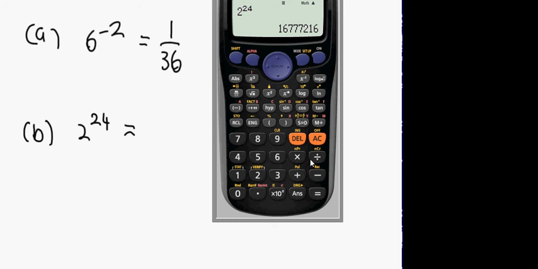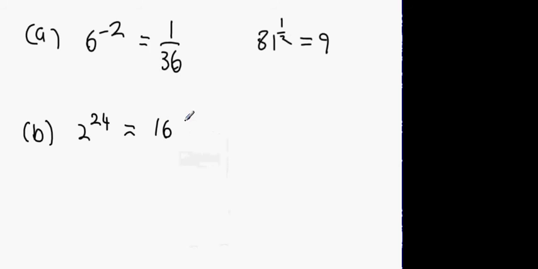This is 16,777,216. Now you'll see that it wants it presented in the form a by 10 to the power of n. So what we're going to do here is change this value into a number between 1 and 10.